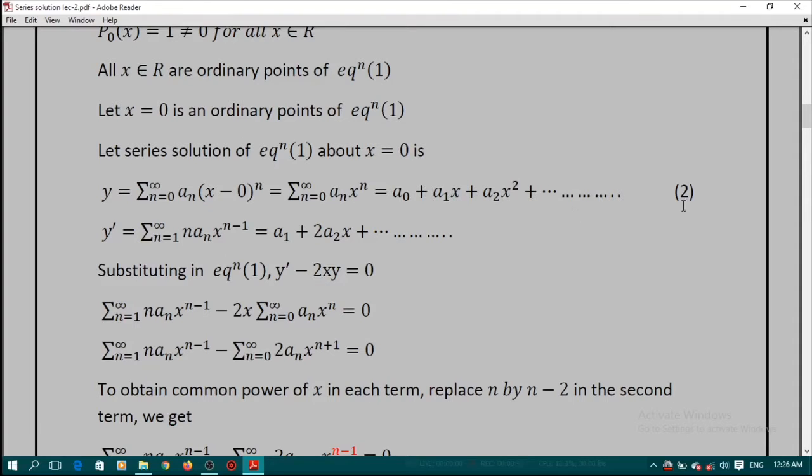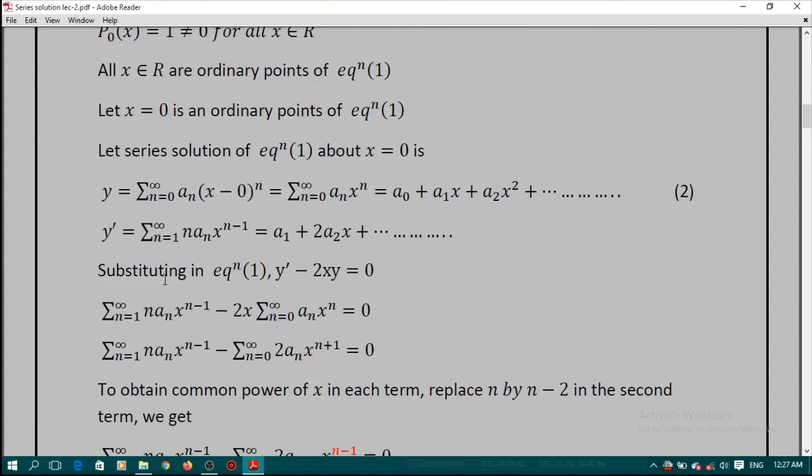This is equation 2. Now differentiate this series with respect to x. So we get y' equals summation n running from 1 to infinity, the derivative of this term being n a_n x raised to n minus 1, or you can write a1 plus 2 a2 x plus so on.